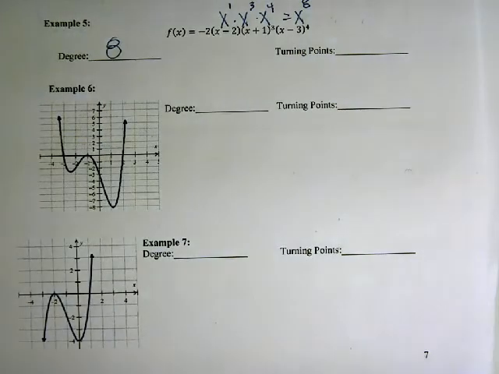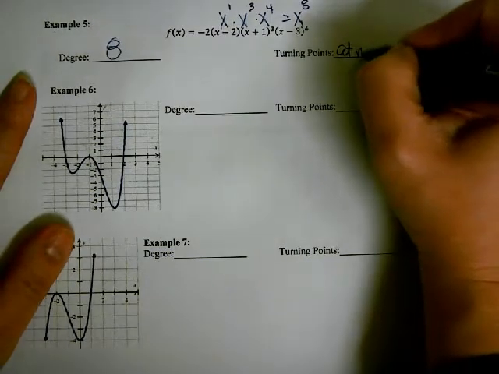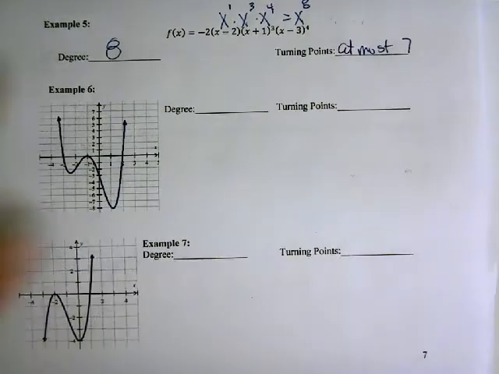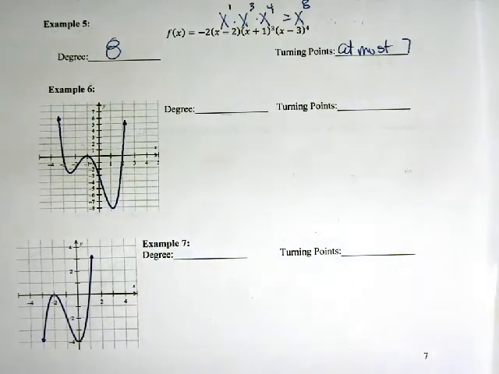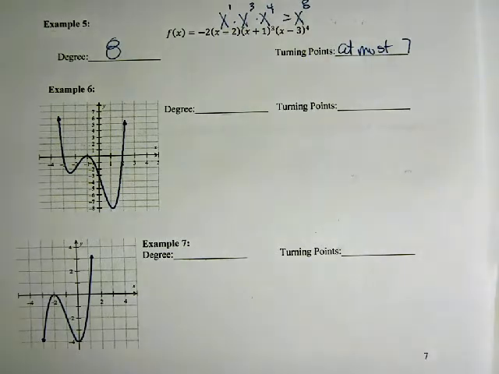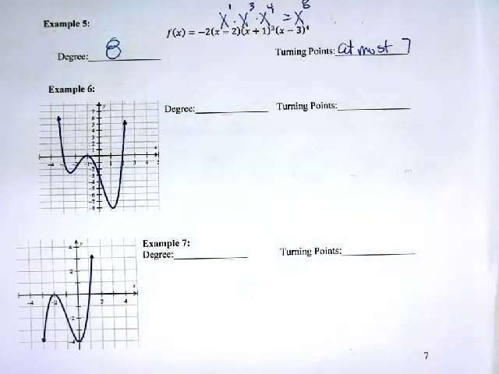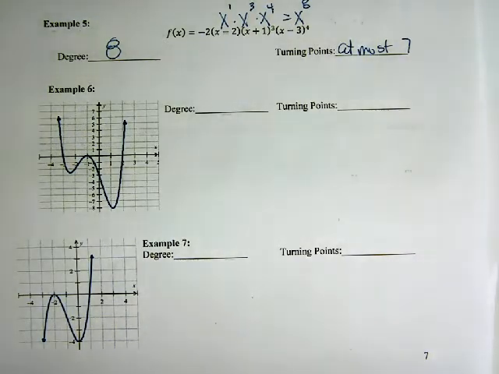Using the turning point fact, if you have a degree 8 polynomial, you can have at most 7 turning points, which means that you can have 1 turning point, 2, 3, 4, 5, 6, 7 turning points, but you can't have 8, 9, 10, or above. A function gets to utilize however many turning points it needs, and this one can have at most 7. It can certainly have less than 7, but it can have at most 7.